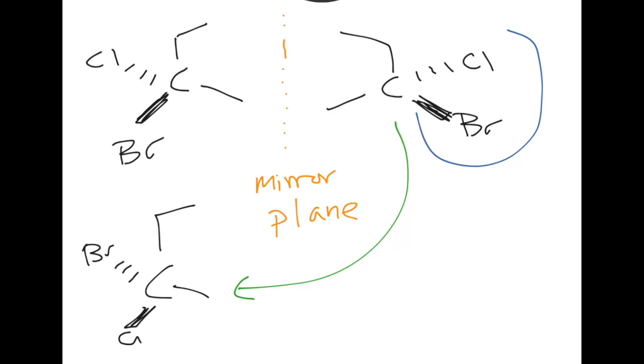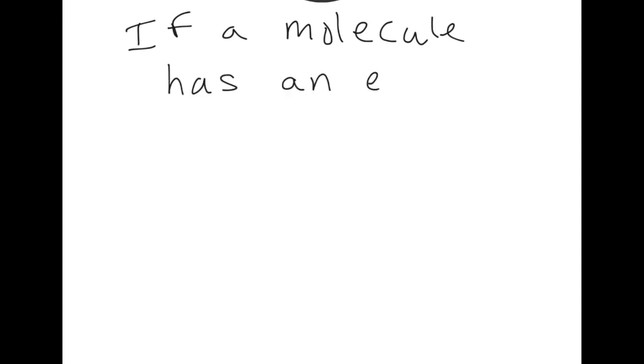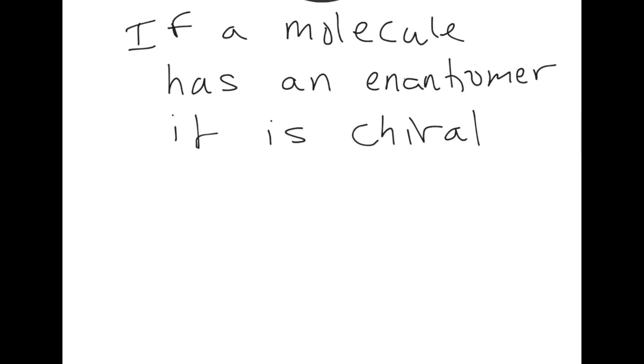All right. So if you have a chiral center, or I guess if you have an enantiomer, if a molecule has an enantiomer, it is chiral. In a few slides, we're going to see that you can have a chiral center, but the molecule overall is not chiral.